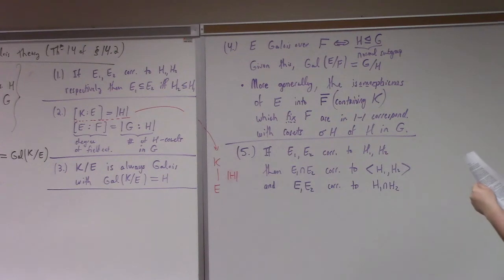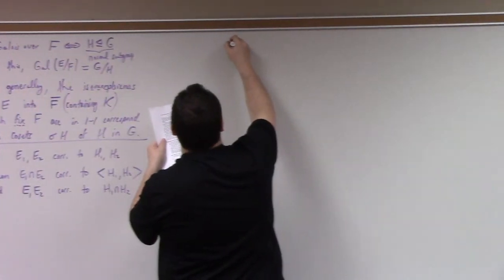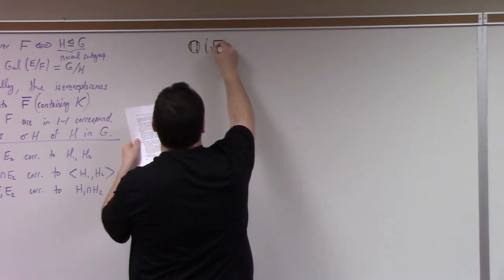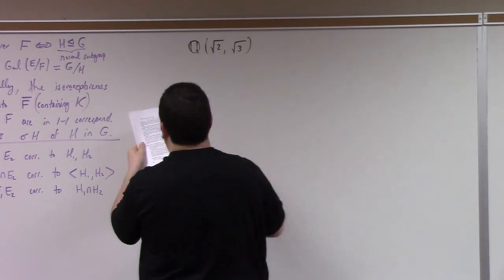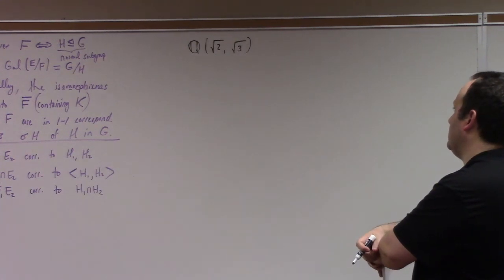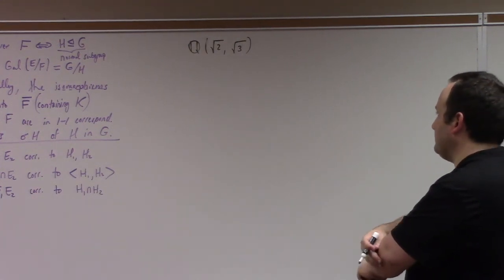He says Q adjoin root 2 and root 3, or Q adjoin root 3 and root. Let's look at this one, which is relatively simple. This extension field we were discussing, what are the subfields of that?